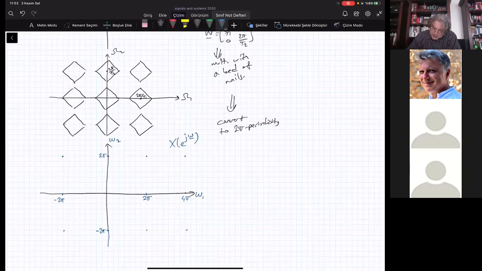But we have to be careful about one puzzling situation. The situation of the puzzle is, as you see, conversion of 2 pi over capital T1 to 2 pi and 2 pi over T2 to 2 pi are not the same. So horizontally and vertically, these diamond shapes will not be scaled at the same proportion.